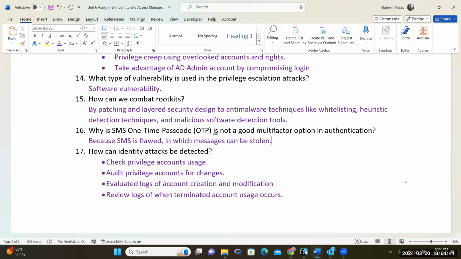Someone could be impersonating someone else, and you would see that through the modification or the usage or the change. And if the account is disabled, you can also see that, whether the account was deleted or disabled.